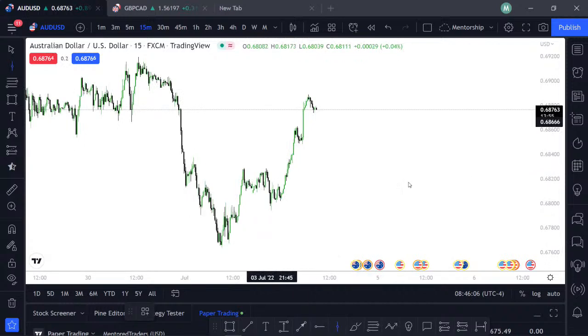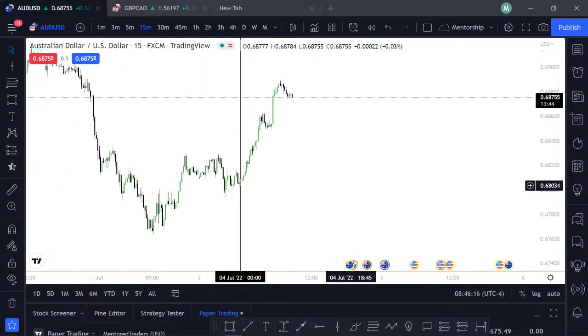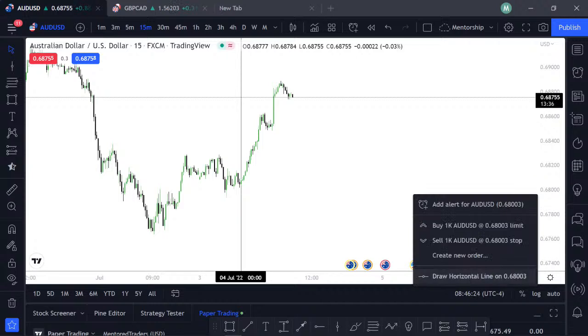So what time of the day are you looking for? You're looking at half past 8 o'clock. Sorry, anything past midnight. There. This was the manipulation, at the 80 level. That is the level there.